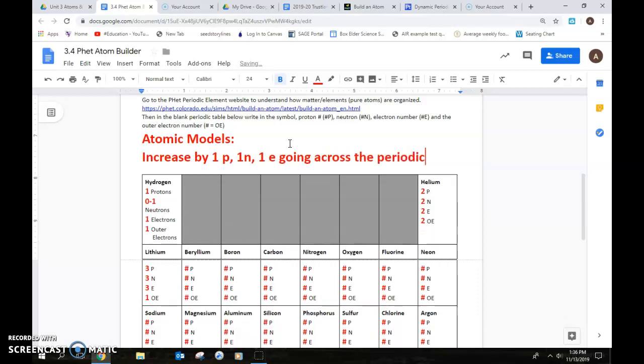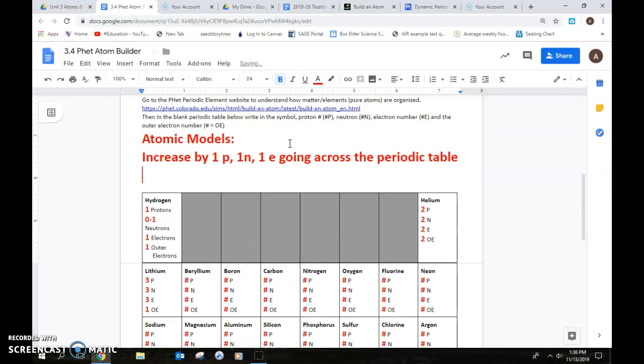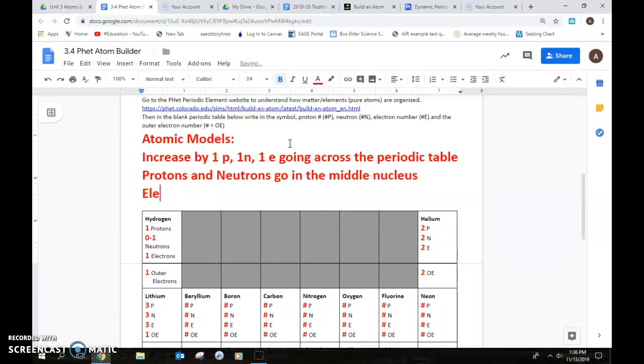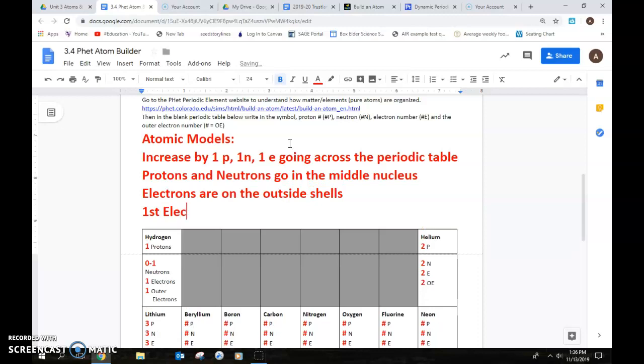The other thing that we need to know is that protons and neutrons go in the middle nucleus, and that electrons are on the outside shells. The first electron shell can hold up to 2 electrons.